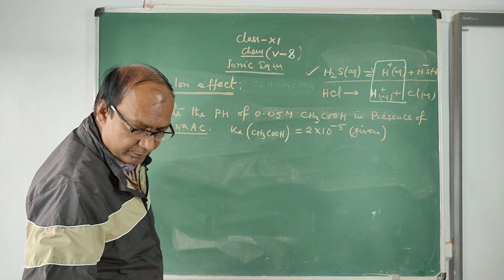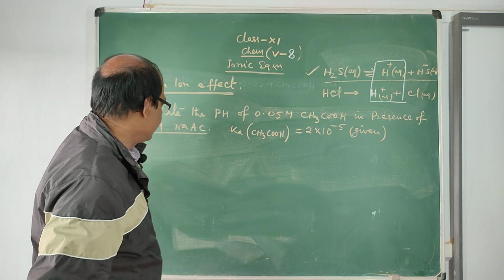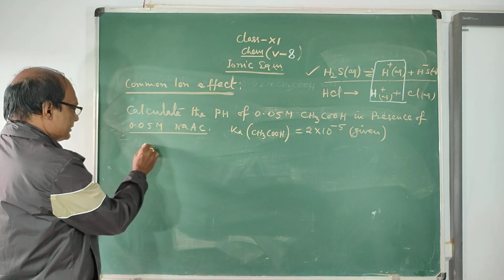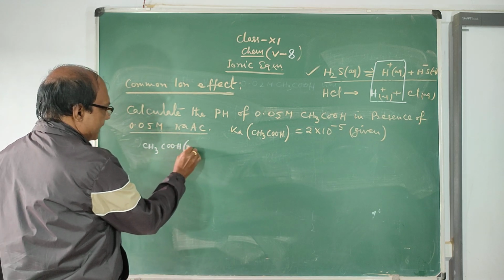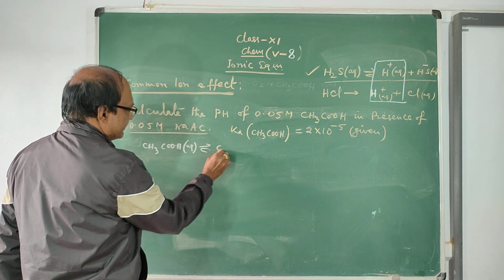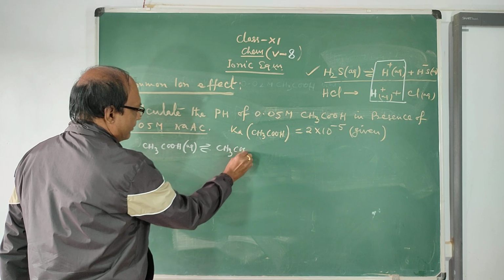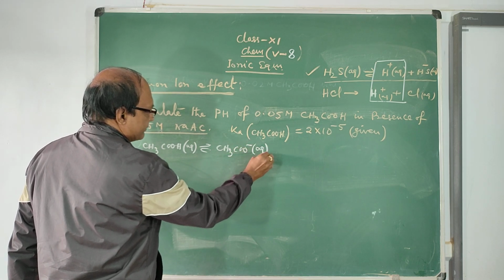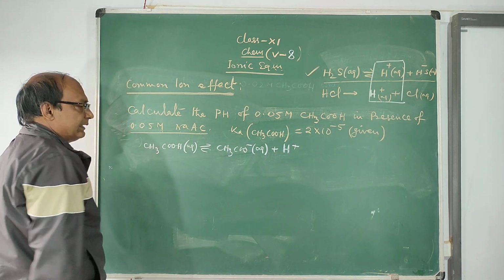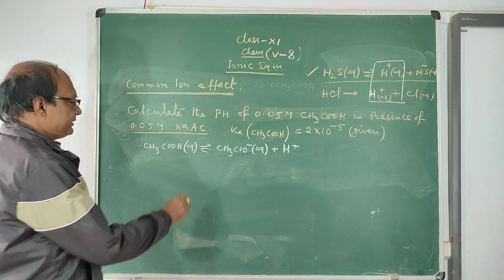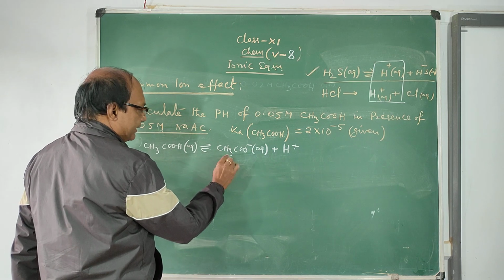Now see how to solve this problem. Write down the dissociation of acetic acid: CH3COOH, aqueous, dissociates into CH3COO-, aqueous, plus H+. This is the acetate ion, which can also be represented by Ac-.